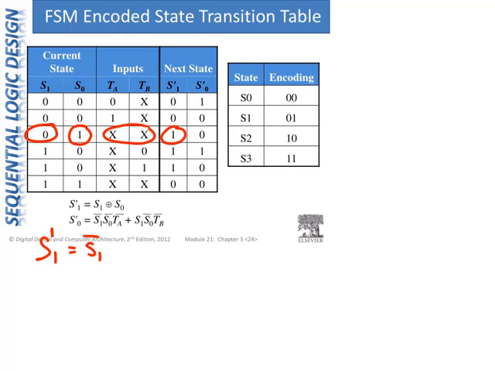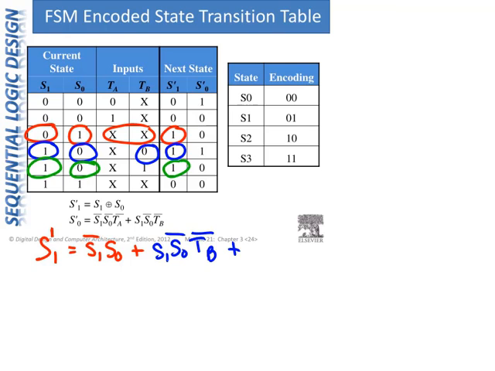So S1 bar and S0, or the next one is going to be S1 and S0 bar and TB bar, or the last one is S1 and S0 bar and TB.